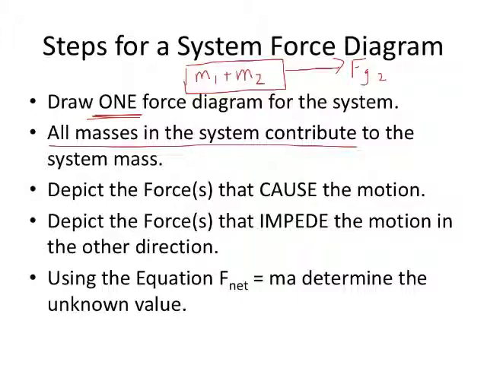And then you have to depict the forces that impede the motion in the other direction. So we'll have, in this direction, our force of friction 1. Now, this equation, F net equals ma, still applies. So if you are able to figure out both Fg2 and force of friction 1, then you can combine those to find your net force and maybe solve for acceleration, something like that.